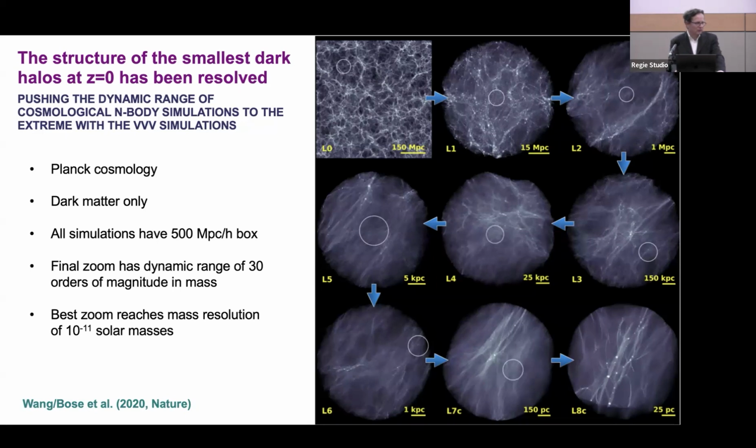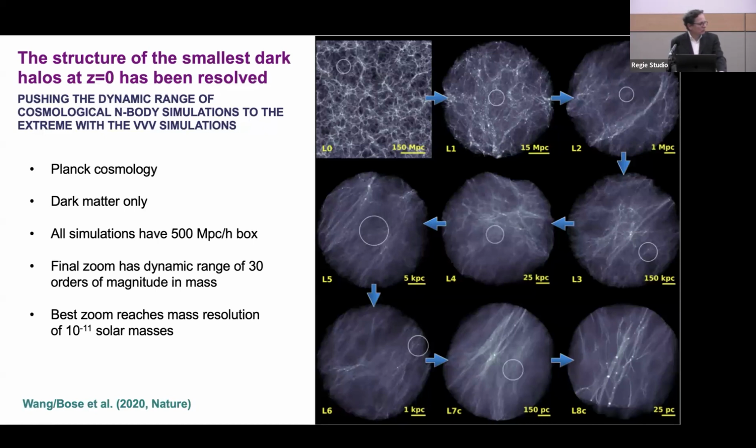That's why it has become a little bit unpopular, and one is a little bit nervous now whether this is really the correct candidate. But here I want to just show you that it's actually possible to predict the entire hierarchy of cosmic structure if the dark matter is indeed made up of such particles. So here's a so-called zoom simulation that looks into a large patch of the universe, which here is about 500 million light years across. And in this little circle, the calculation zoomed in, and in all of these subsequent calculations zoomed into the region by large zoom factors until we find the smallest dark matter halos that are expected to exist.